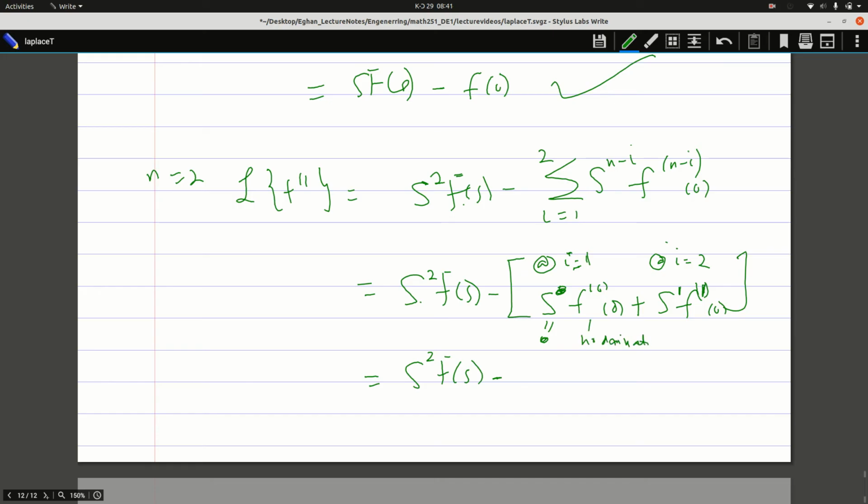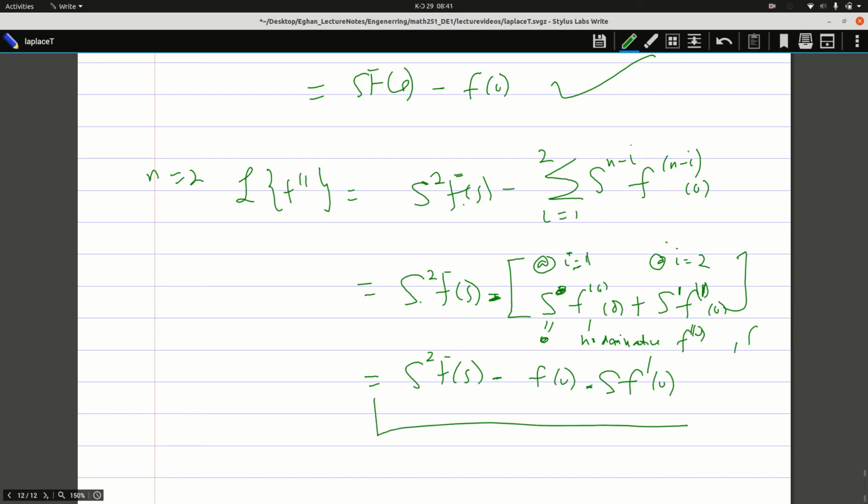The negative is running through, so minus s to the 0 which is 1, and then the first derivative at 0. So f to the power 1 means the first derivative. And I've confirmed the second derivative.